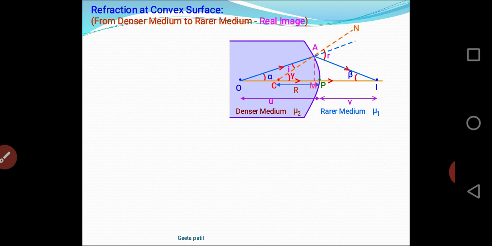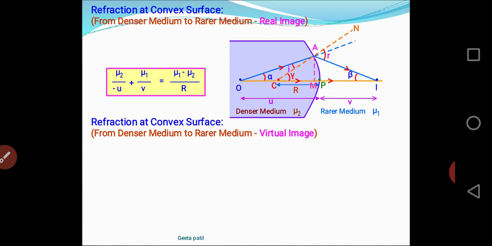In this case also, alpha is the angle made by the incident ray with the principal axis, beta is the angle made by the refracted ray with the principal axis, gamma is the angle made by the normal with the principal axis, i is the angle of incidence, and r is the angle of refraction. In this case, the equation is given as mu2 by minus u plus mu1 by v is equal to mu2 minus mu1 by R.